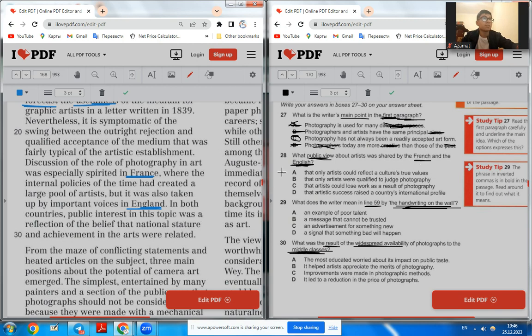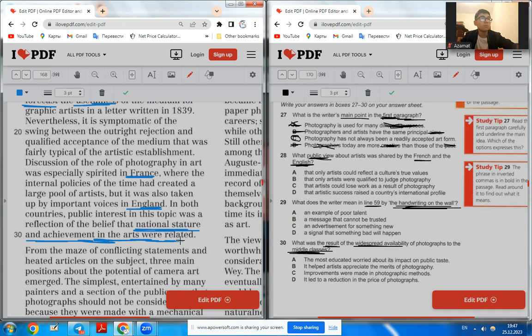So here we have the French and the English. In both countries, in both France and England, public interest in this topic was a reflection of the belief that national stature and achievements in the arts were related.